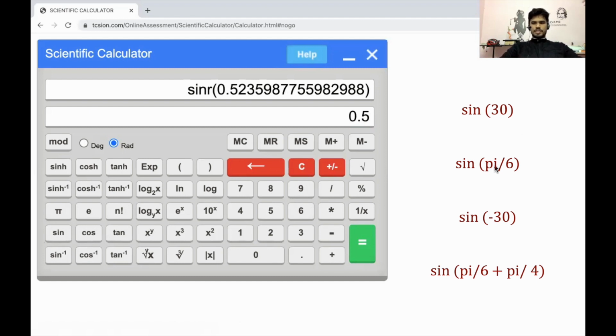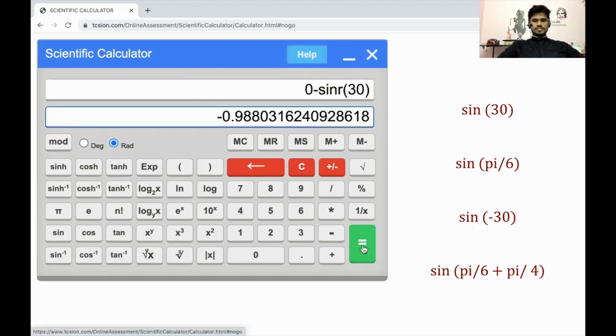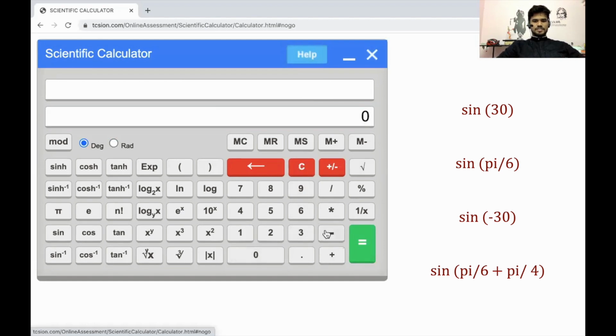Now let's get back to my example and continue with this. So let's do sine minus 30. Sir, it's in radian. Can you indicate? Yeah, one second. So 30, minus 30.